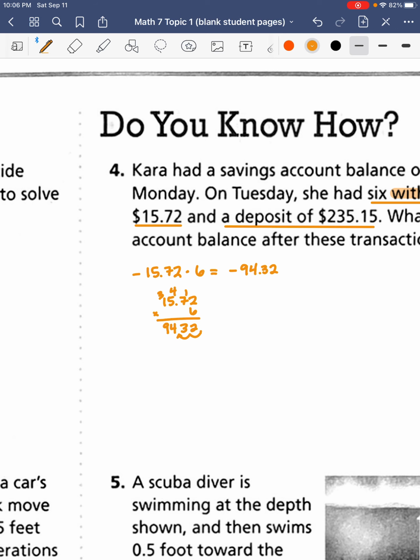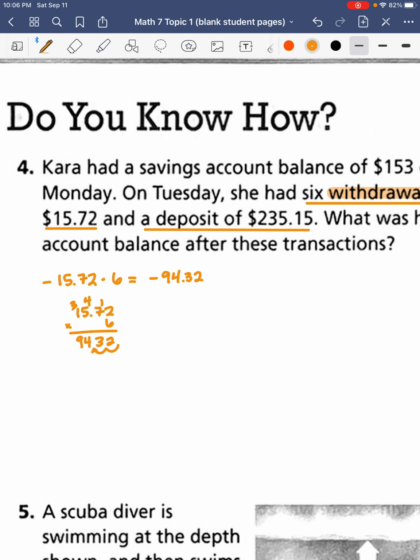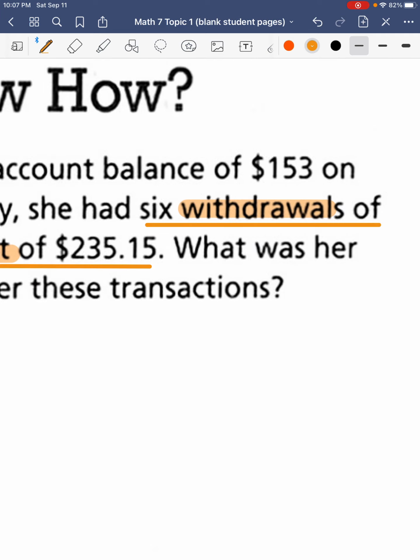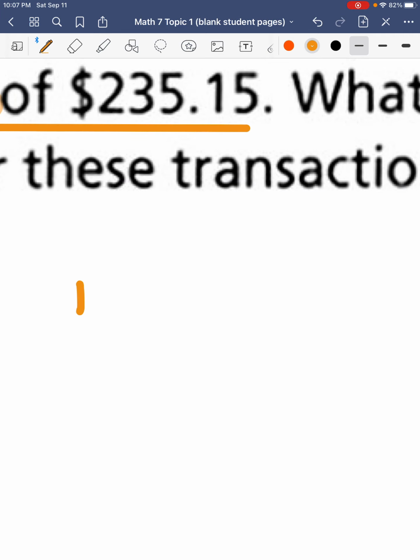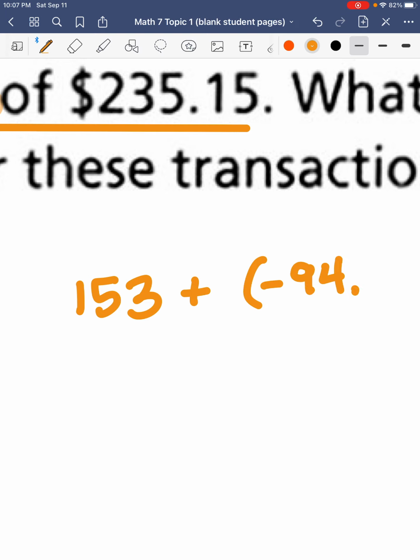Now, she also added. How do I know she added money to her account? Well, there's a deposit of $235.15. So I can add $235.15 to her account too. But let's take what she started with first. She started with $153, and then she had her withdrawals that totaled negative $94.32.